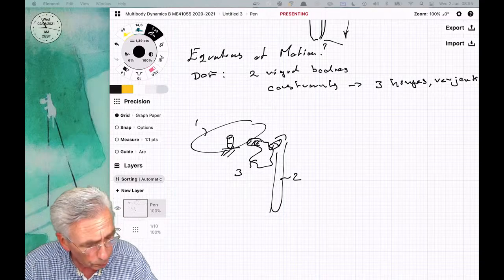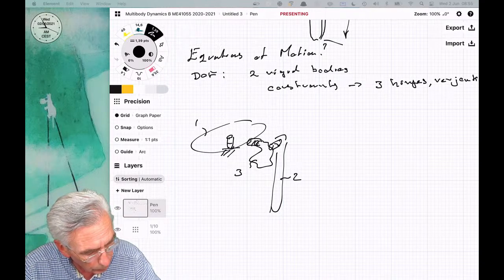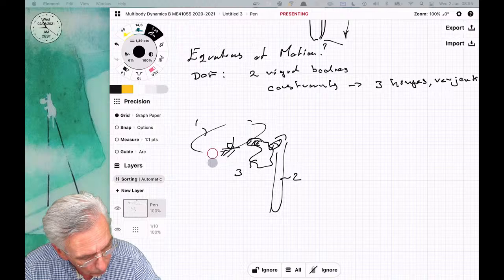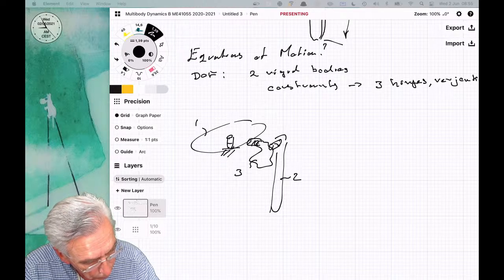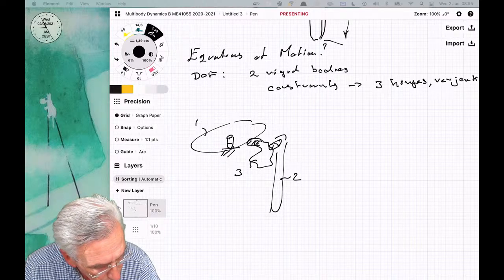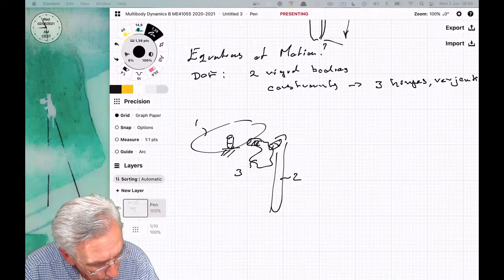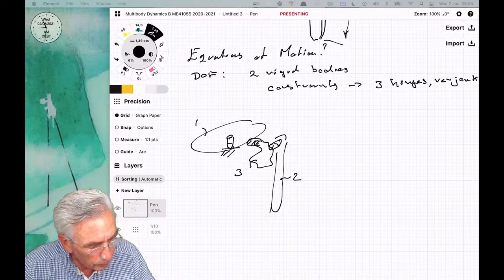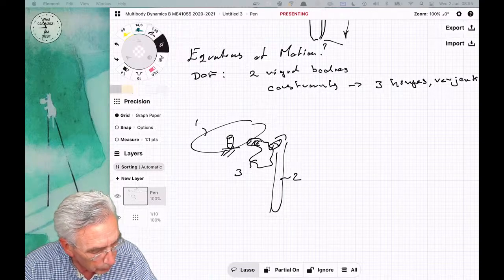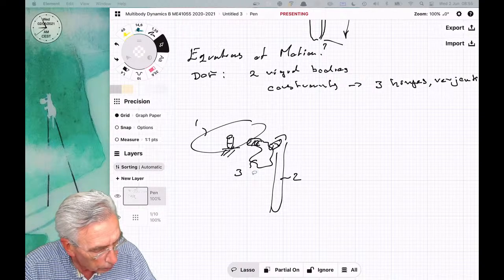Anyway, we have one body here, and the 2nd body here, and then the 3rd, intermediate body, and all the hinges are between the bodies.